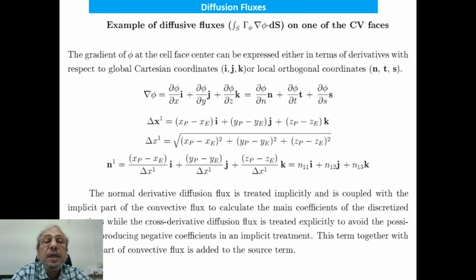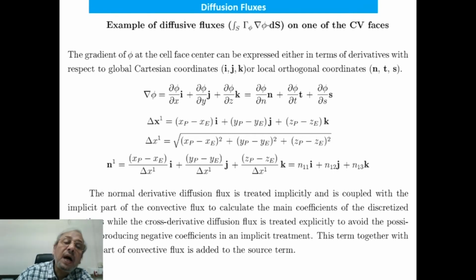Now let us examine the diffusive fluxes on one of the control volume faces. The gradient of phi at the cell face center can be expressed either in terms of derivatives with respect to global Cartesian coordinates, that is i, j, k, or local orthogonal coordinates n, t, s.